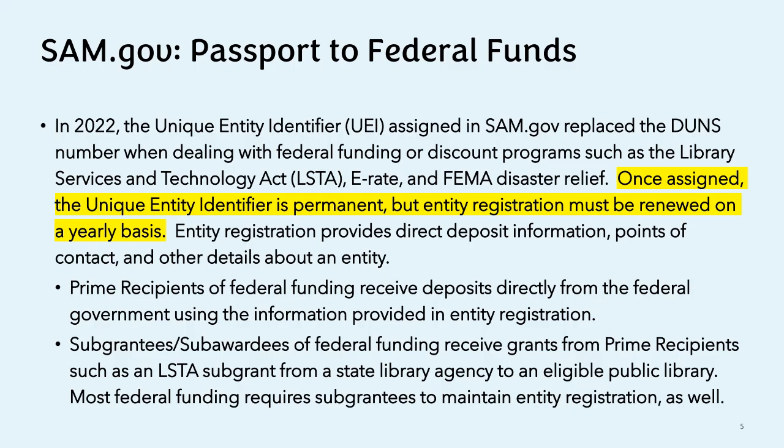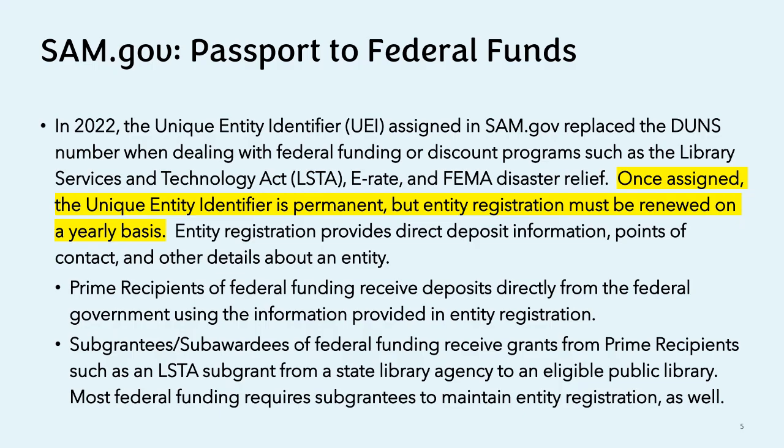Once you request it, that remains your entity's identifier, basically forever. But entity registration has to be renewed on a yearly basis. The entity registration provides your direct deposit information, points of contact, and just other details that the federal government needs to know if they're going to be giving you money somehow.